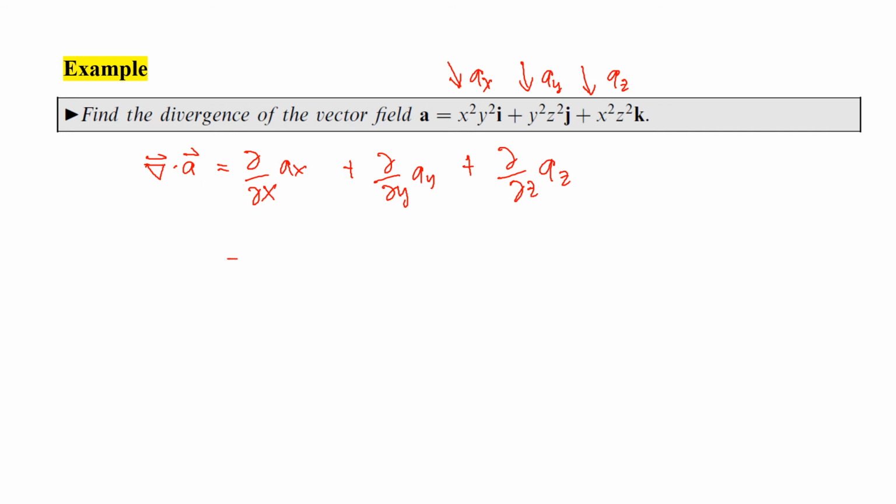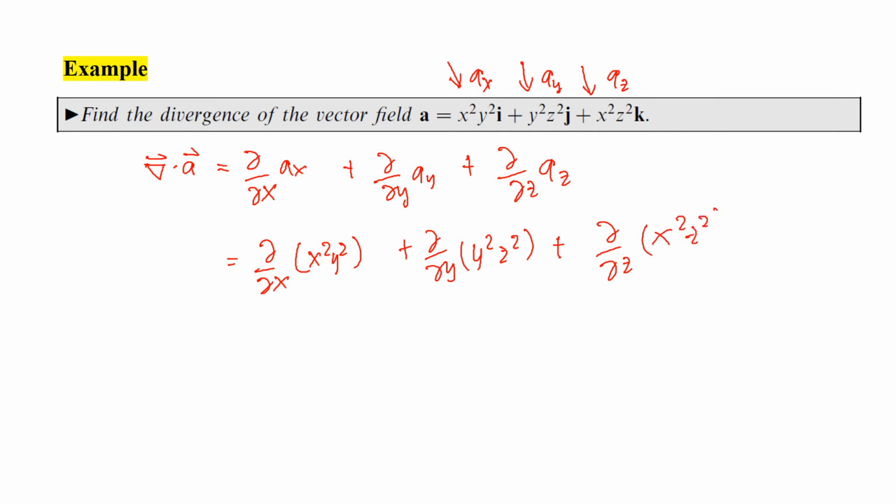So we take the partial derivative of Ax, which is x squared y squared, plus the partial derivative with respect to y of y squared z squared, plus the partial derivative with respect to z of x squared z squared.